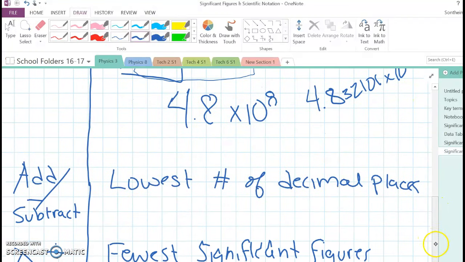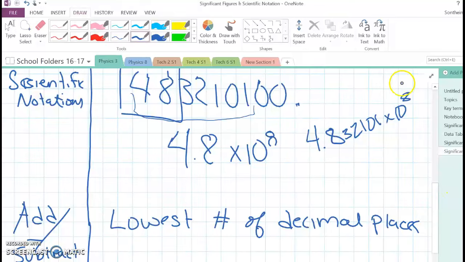So we need to reduce some of these notes a little bit. It's 10 to the 8th. This tells me how many decimal places.